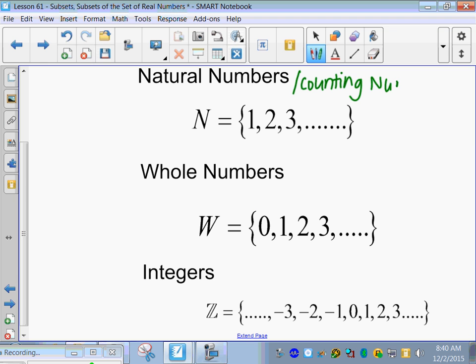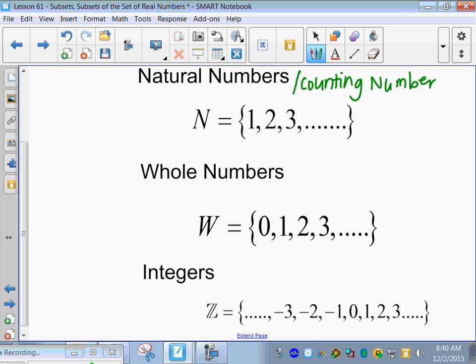Counting numbers. Makes sense. When you're 2 years old, you start learning 1, 2, 3, right? You don't start at like -6, -5. That would be cool, but you don't. All right, so the counting numbers are the natural numbers, 1, 2, 3, etc., forever, upward. No decimals, no fractions, right? Just whole numbers, 1 and up.